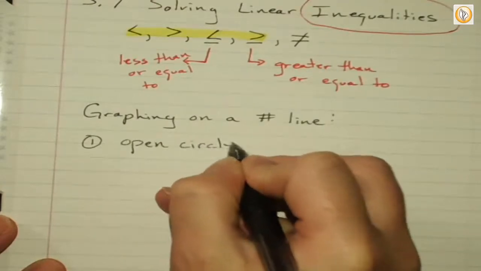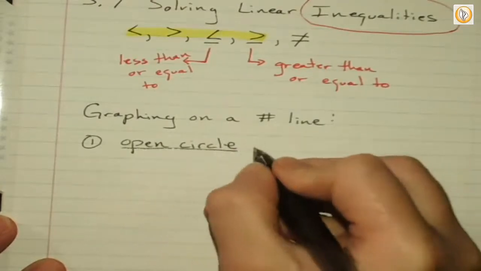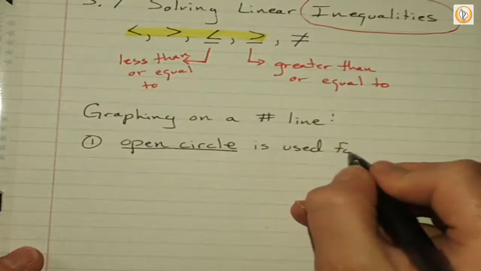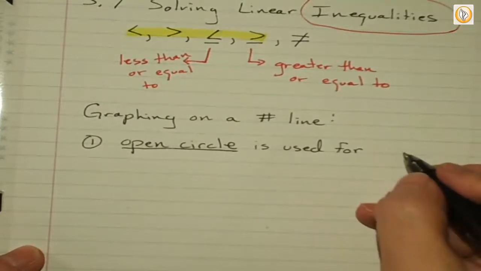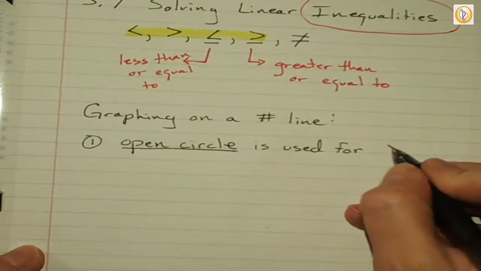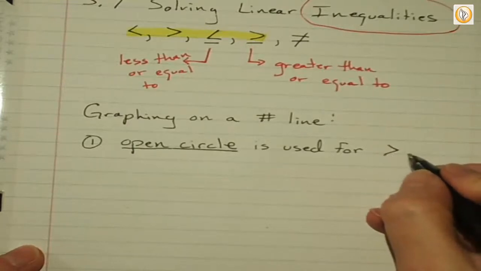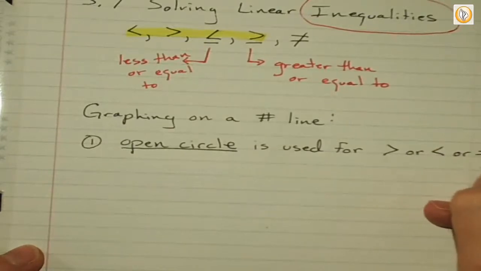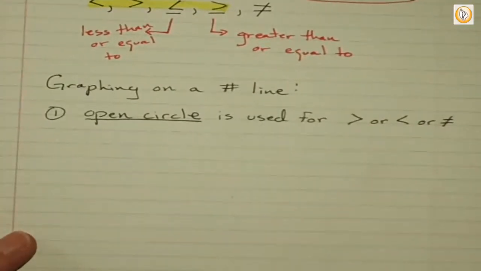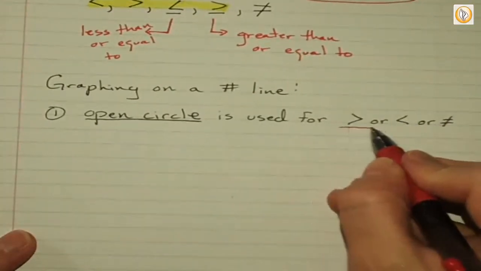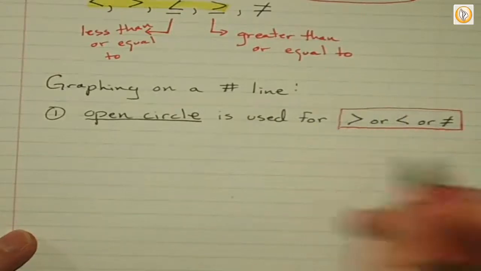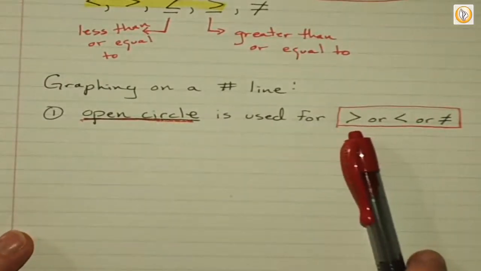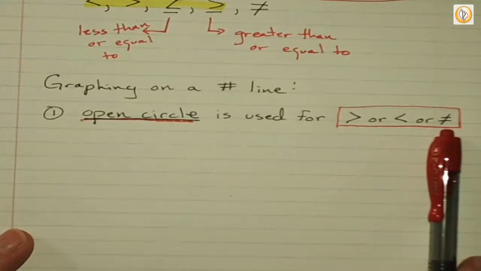Open circle is used for greater than or less than or not equal to. So open circle is used for greater than or less than or not equal to.